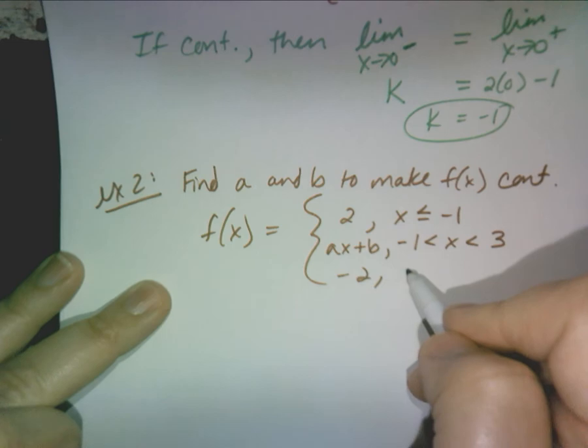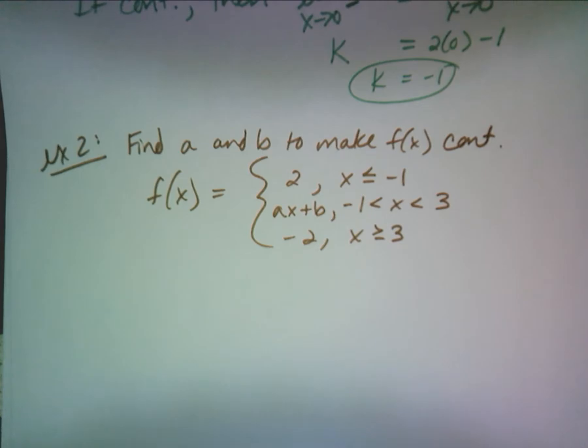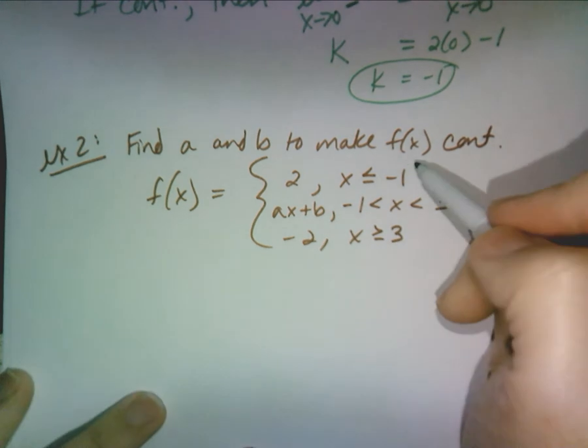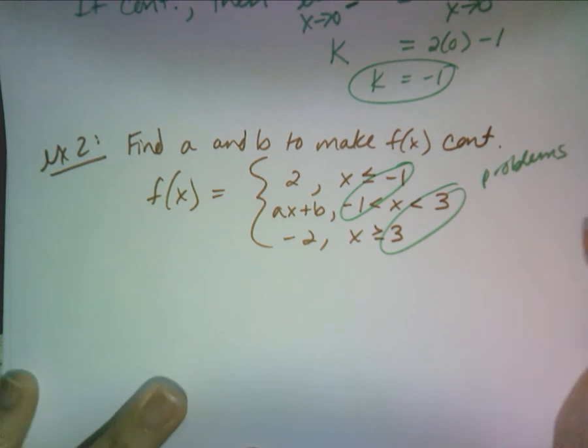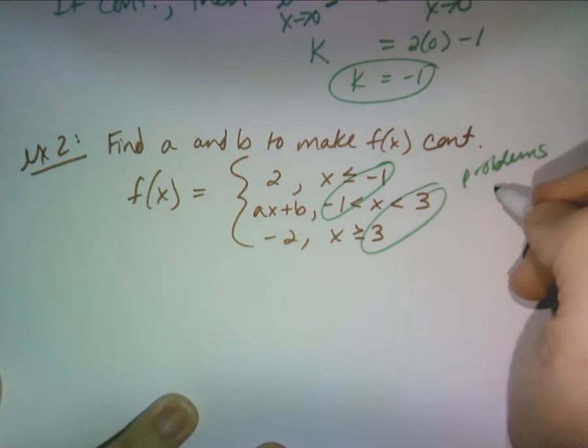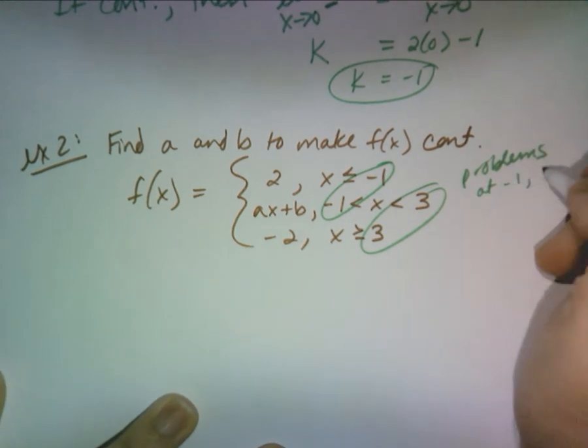And -2. To find out, first of all, where are your problem areas? What are the 2 points that we're going to have to check? -1 and 3. Okay, so we know we have our problems occurring. They could be holes, they could be asymptotes, but we know it's at -1 and at +3.